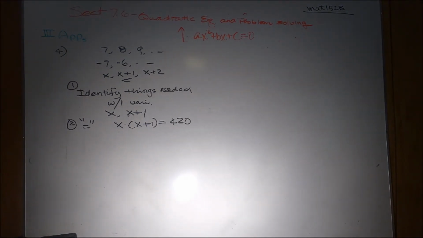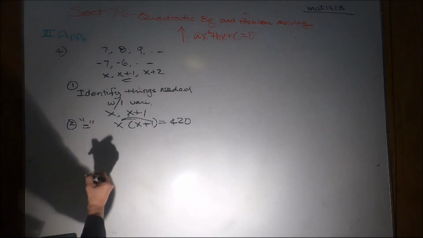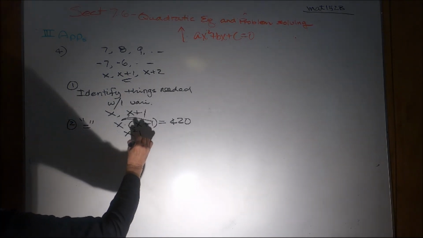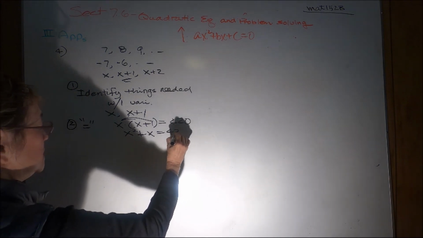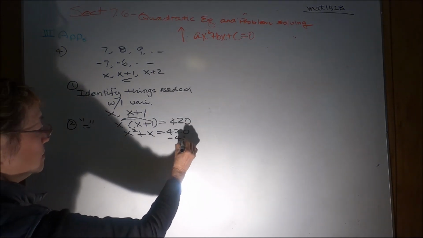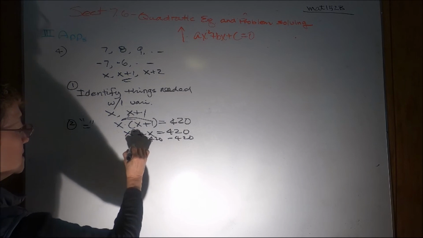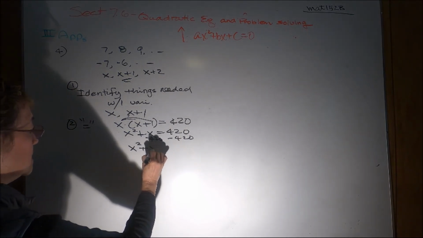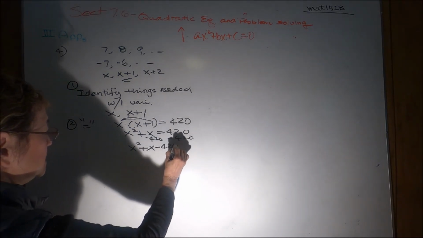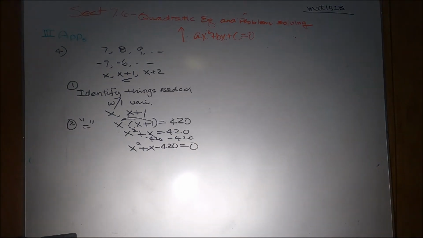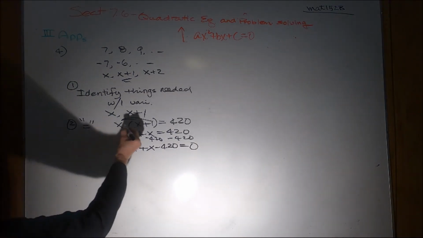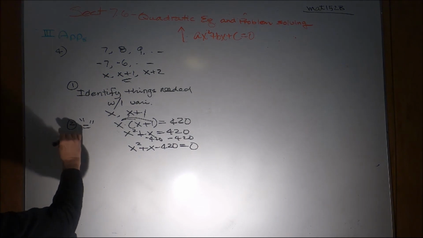Do we have a quadratic equation? Not in standard form, right? Then we will make it standard form. So that will be x squared plus x equals 420. Then write everything on the left-hand side: x squared plus x minus 420 equals 0, right? First we write the equation, then we solve it.